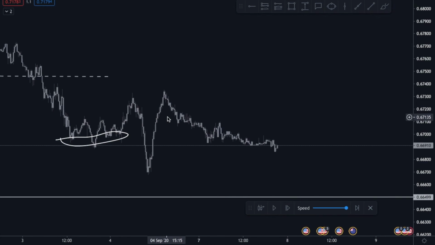As you can see, the sellers are having a very hard time pushing lower. We were very choppy coming down. Haven't really made a lower low since this point. Yes, this is a little bit lower than this, but like I said before, it's relative equal lows. We haven't really created a lower low.